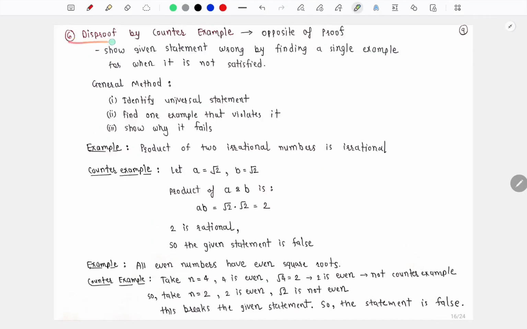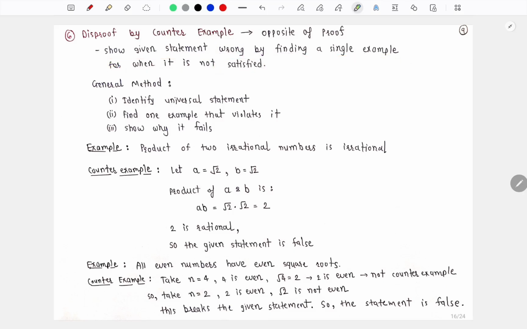Now last proof, disproof by counter examples. In this, we need to prove the opposite of the proof. So in short, we need to show the given statement wrong. That means the opposite of the given statement, by finding a single example for when it is not satisfied.